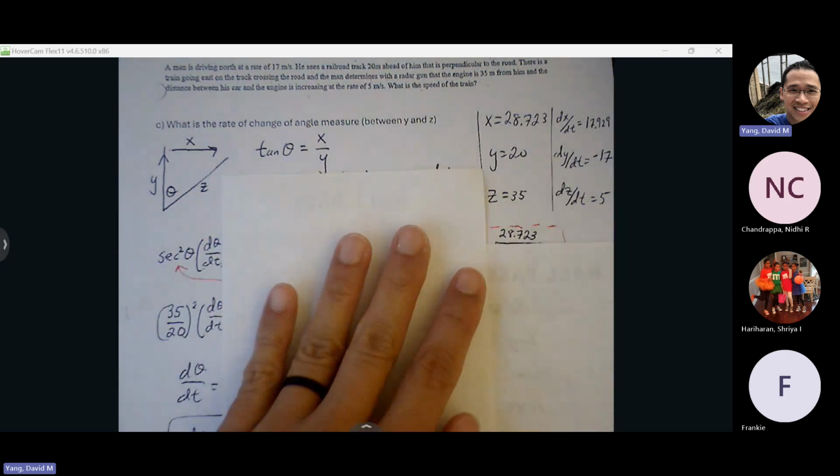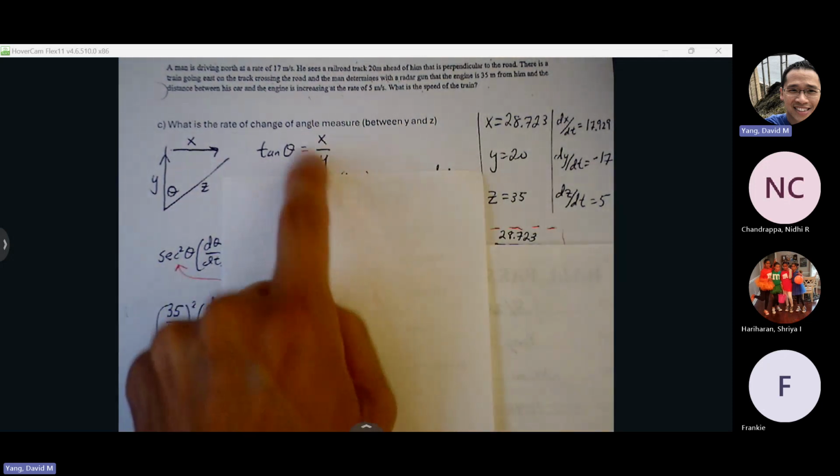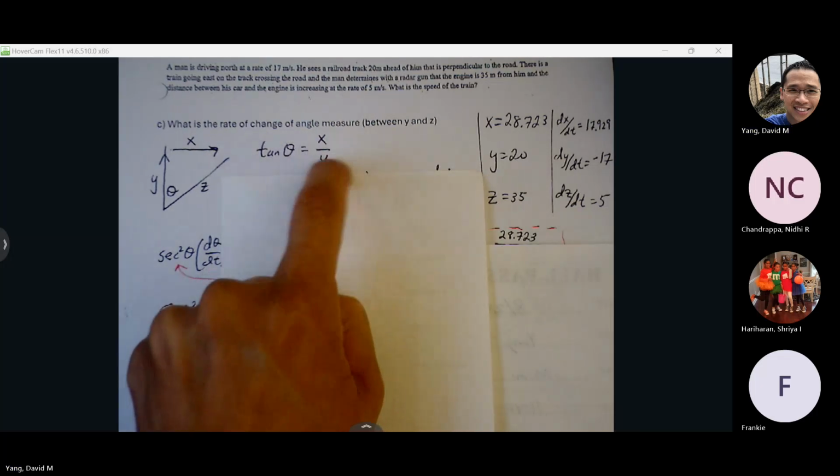So tangent is x over y, and because they're both variables, I have to go through the quotient rule on the right side. And then tangent becomes secant squared theta, d theta dt.